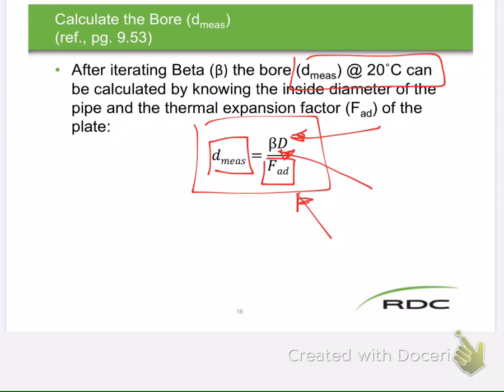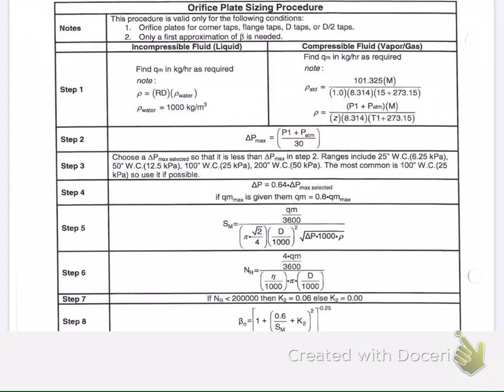The reason why this is down here is because this other stuff is going to be at flowing conditions. Flowing doesn't really show up that well, but flowing conditions, and this here would be at our 20 degrees C. So that's going to correct for it. So this here is our step-by-step process, and it should mimic quite similarly what I talked about.